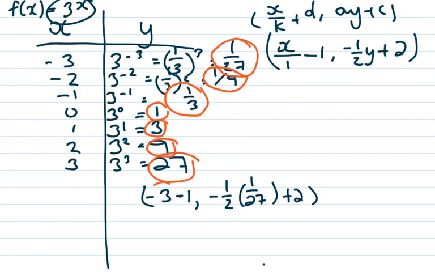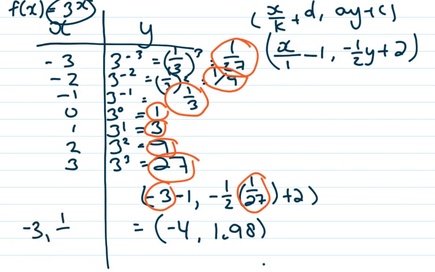So I just plugged in x and y. And now my new point is negative 3 minus 1 is negative 4. Negative 1 times negative 1/27 plus 2 is 1.98. So my point went from negative 3, comma 1/27 to negative 4, comma 1.98.